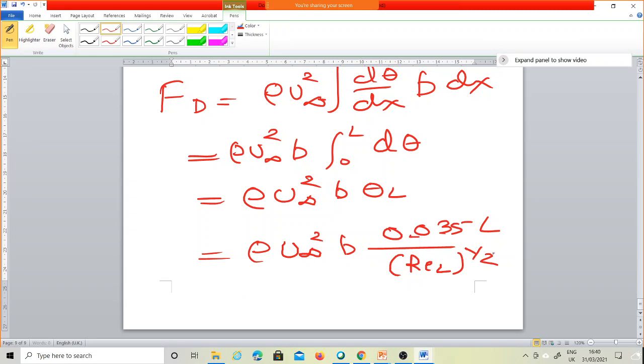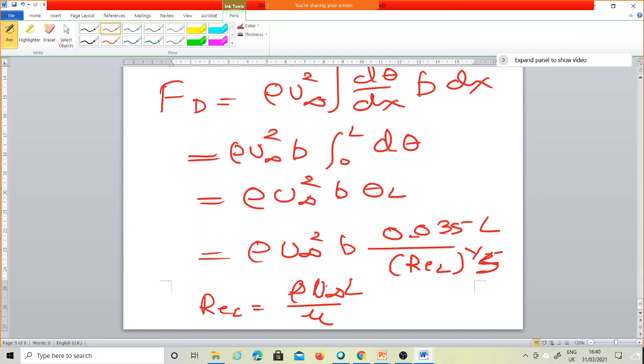REL, so sorry, this should be 1/5. So REL, again I'm saying the same thing, is rho u infinity L by mu. You already know the rho value, you already know the velocity, 5 meter per second, and the length is given as 40 meter long.